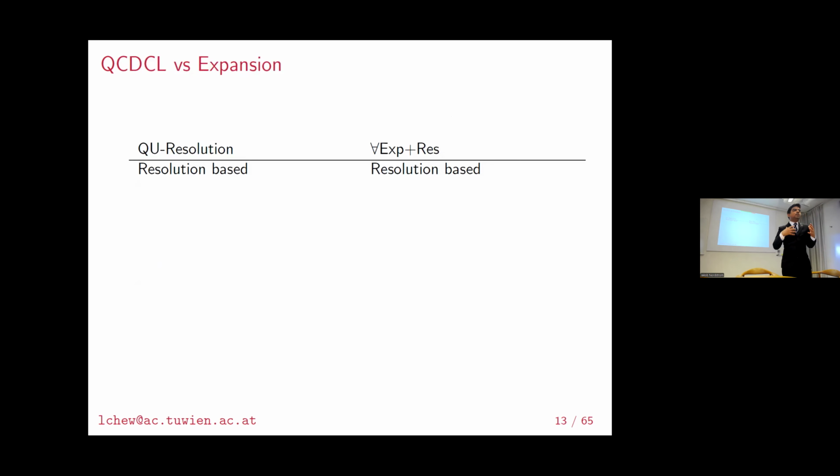Okay, so if you didn't understand exactly all the specific details of the calculi, I'm just going to summarize them very quickly here. Both of these are resolution-based proof systems, using resolution as the heart of the propositional inference. They deal with universal quantifiers in a different way. Expansion uses expansion, and QU resolution uses reduction.